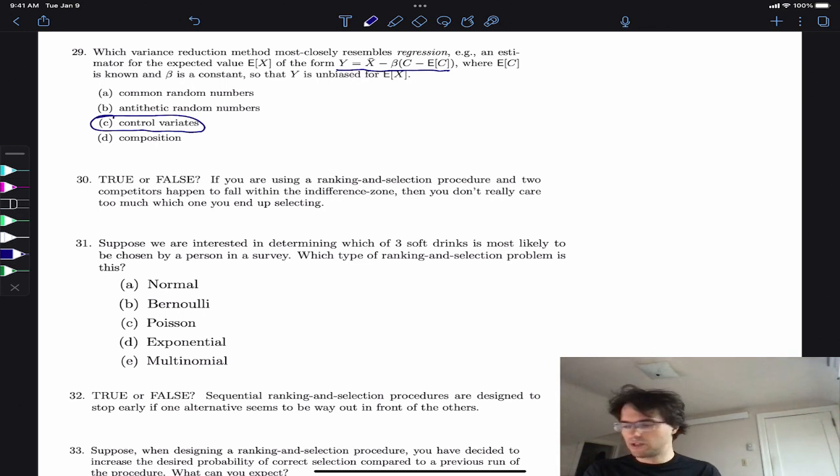So that's just some good knowledge. If this is confusing to you, rewatch the slides on variance reduction that talk about common random numbers, antithetic numbers, control variates, and that stuff. As long as you understand the fundamental concepts, I think you'll be in a good place.